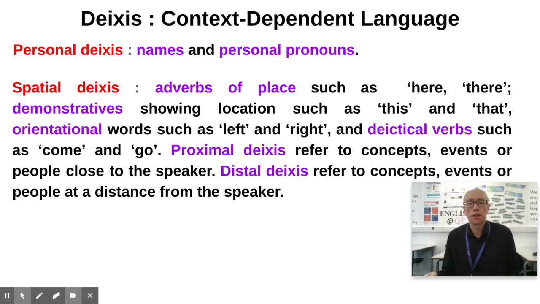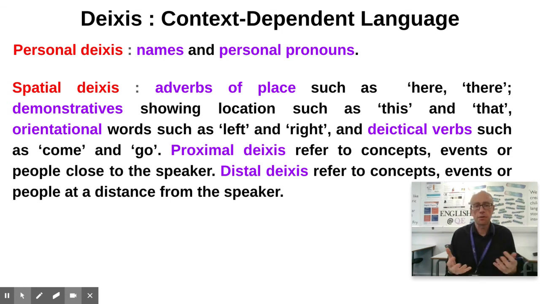This and that, these are demonstratives, these show location, those are spatial deictical utterances. And you've also got orientational words such as left and right. Obviously, you have to be there in that situation to understand where that is being referred to. And then you've got deictical verbs such as come and go.